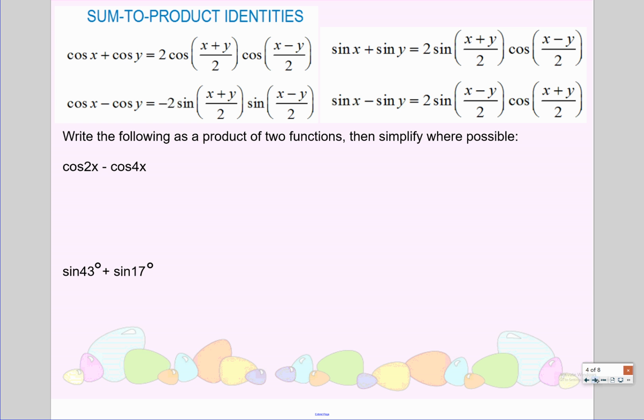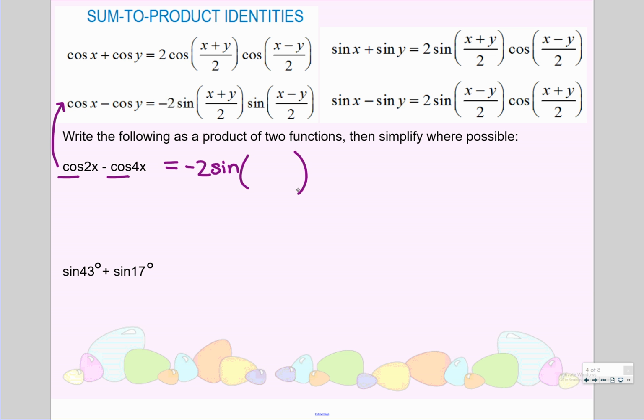So first one, I have cosine 2x minus cosine 4x. So I have a cosine minus a cosine, so I am using the second one on the left there: cosine x minus cosine y. This one starts with -2 sine.